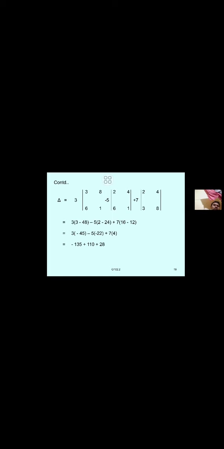That equals minus 135 plus 110 plus 28. Minus 135 plus 110 is minus 25, and minus 25 plus 28 equals 3. So the determinant of the 3 by 3 matrix is 3.